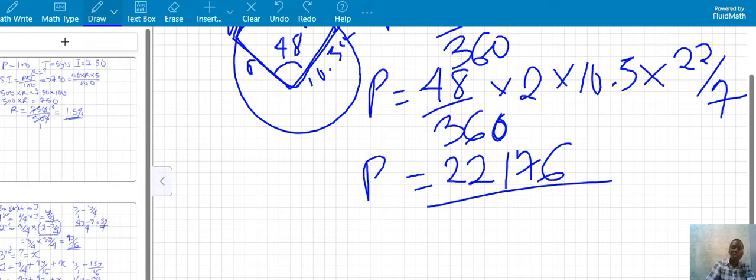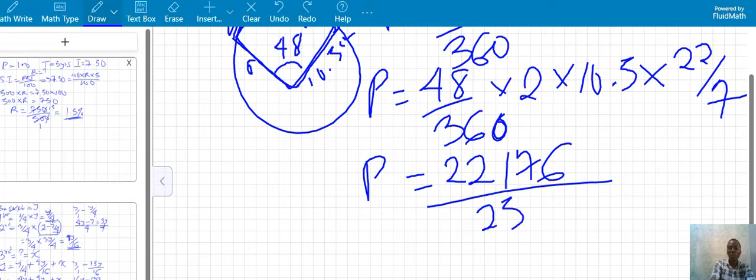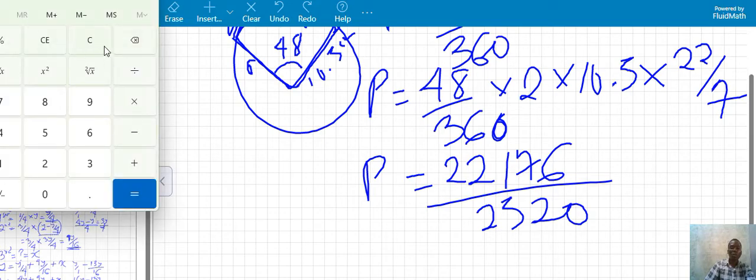22,176 divided by 360 times 7. 360 times 7 would be 2520. So if you divide 22,176 by 2520, that will be equal to 8.8.